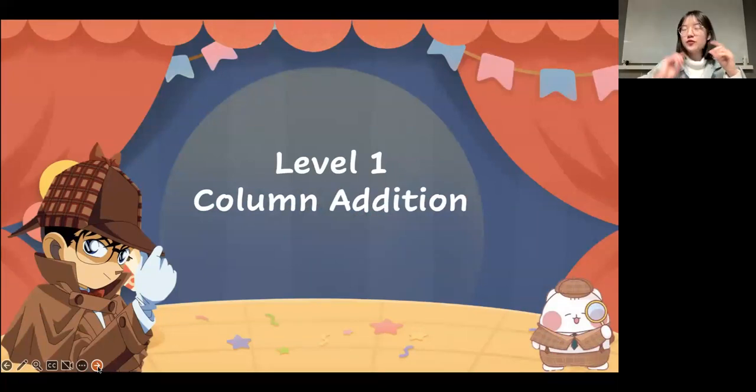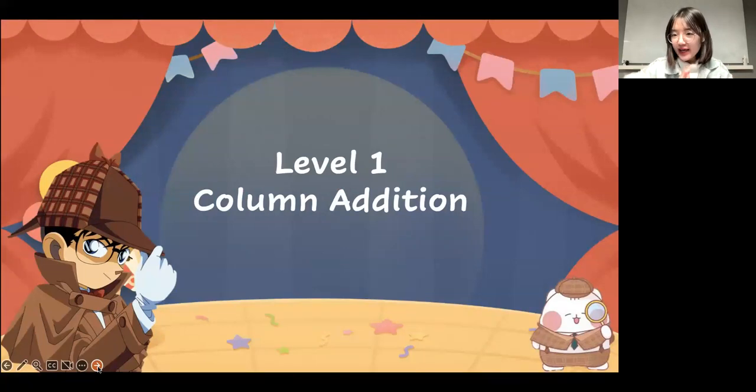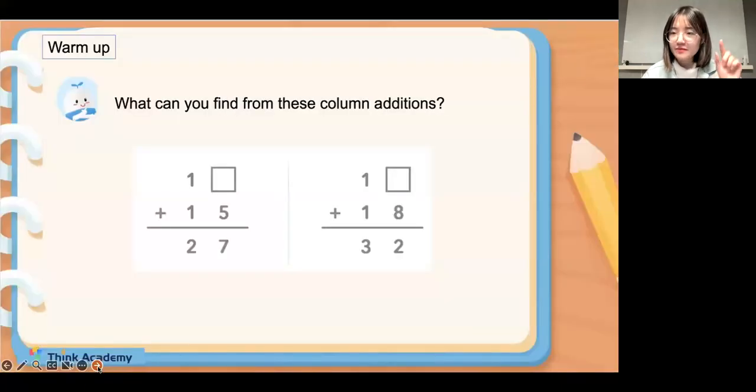So now, everyone, we will go to level 1 for column addition. Okay, everyone, if you have ever learned about the column addition, can you type 2 in the chat box? Wow, brilliant. I think it's not hard for you, right? I think everyone has learned the column addition before, but we have some blanks in the column addition.